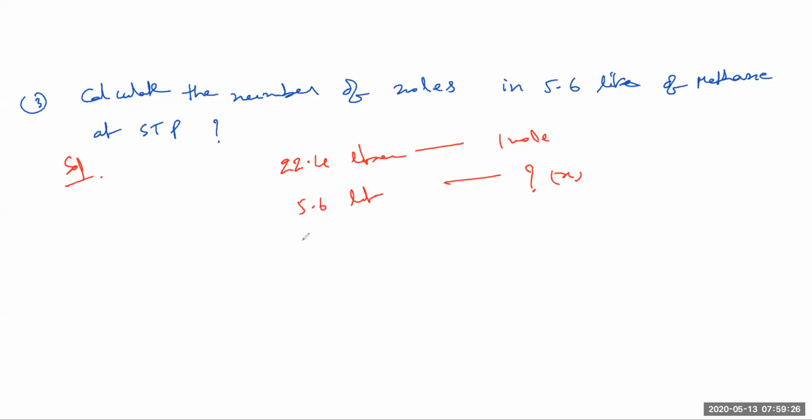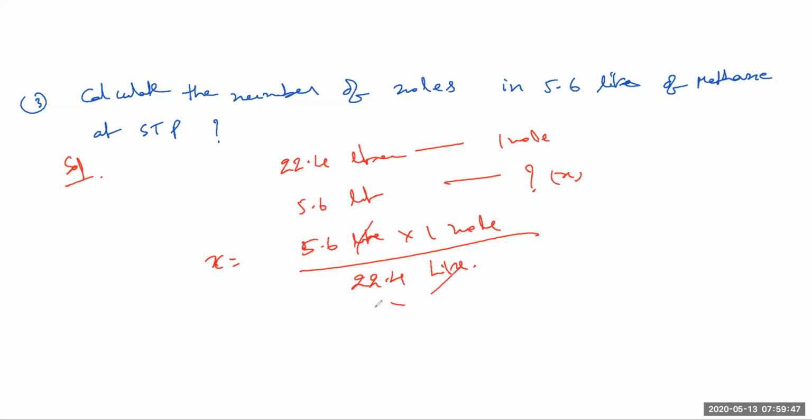X is equal to 5.6 liter into 1 mole divided by 22.4 liters. Here 5.6 cancels, 4 times. That means 1/4 mole. That means 0.25 mole, right? This is the calculation.